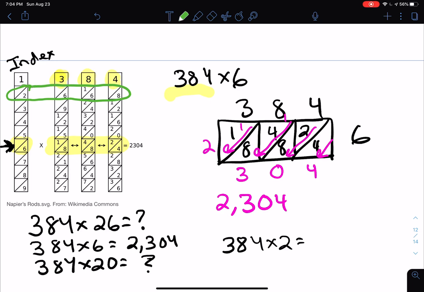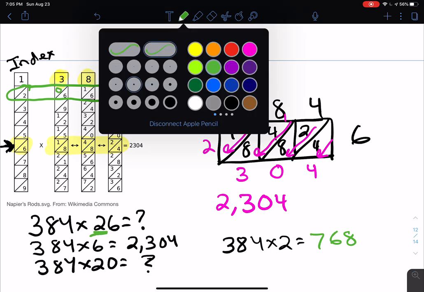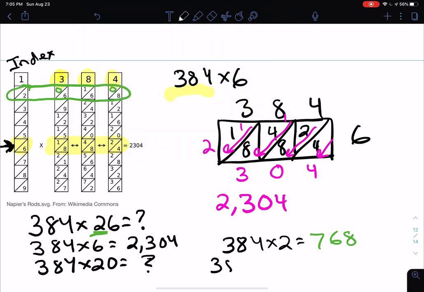Well, 384 times 2, if you start adding up the diagonals up there, the blanks are zeros. I've been writing in zeros when I do this, but the blanks are zeros. So you start adding up your diagonals, you get 8, 6, 7. So you get 384 times 2 is 768. But in 26, 2 is in the tens place. So to do 384 times 20, just add a 0.